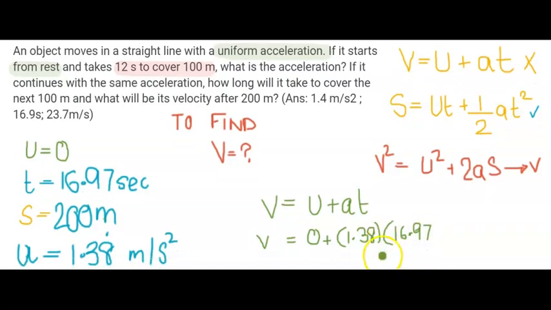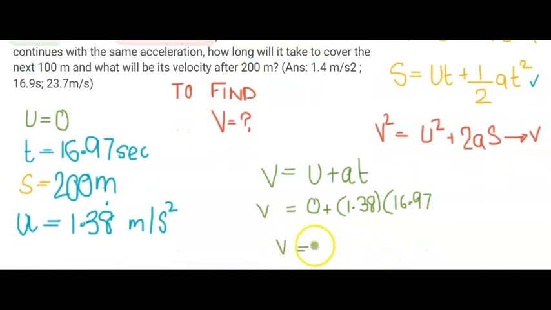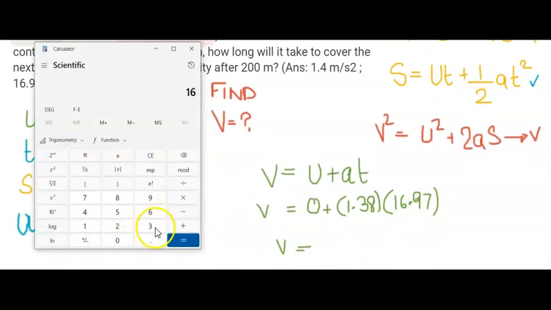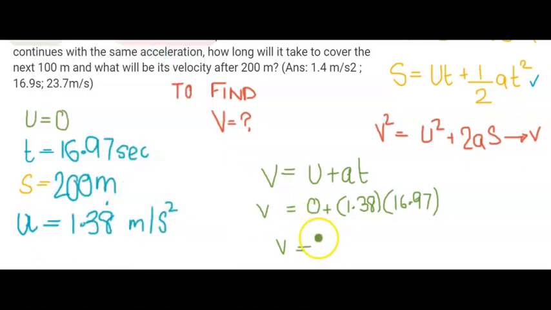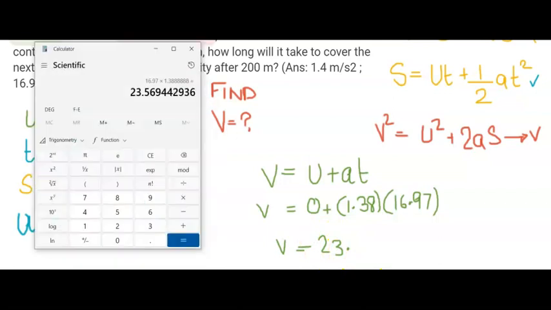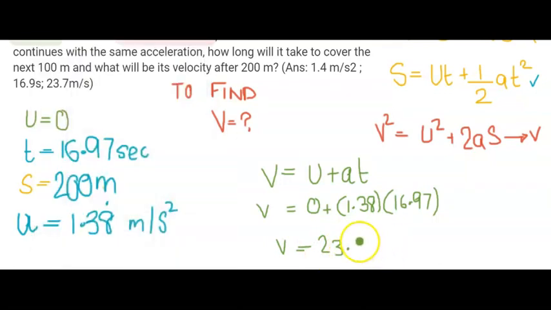If you do 1.38 times 16.97, that gives you 23.57. So that will be the velocity in meters per second. And that's your final velocity.